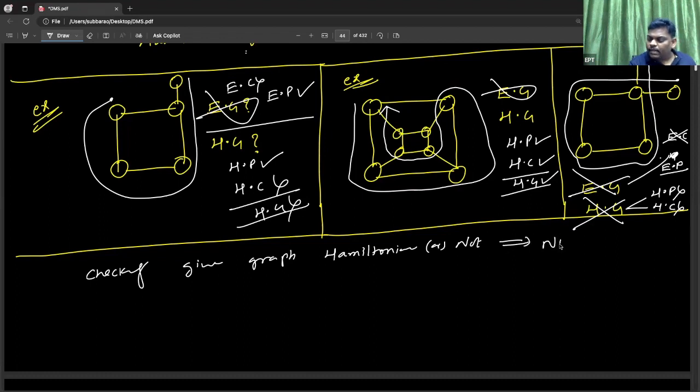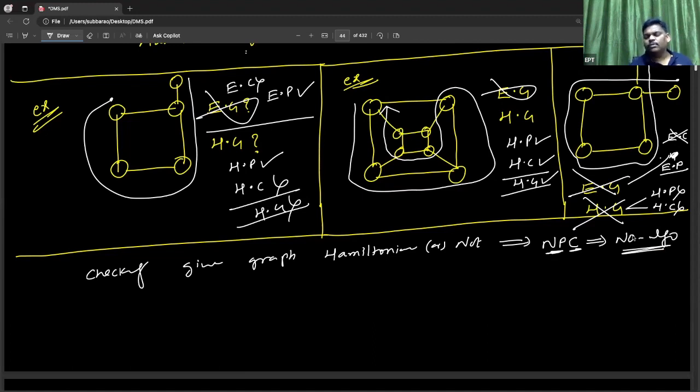NPC means NP complete. That means completely toughest problem. Checking whether a given graph is Hamiltonian or not is a completely toughest problem because there is no algorithm other than brute force, other than checking manually, one by one.